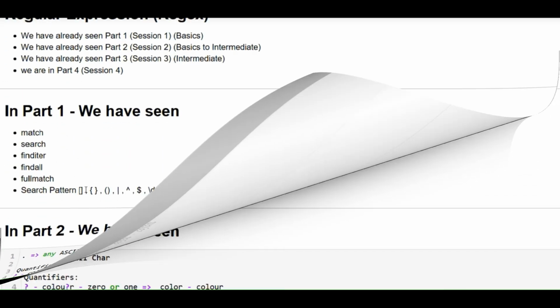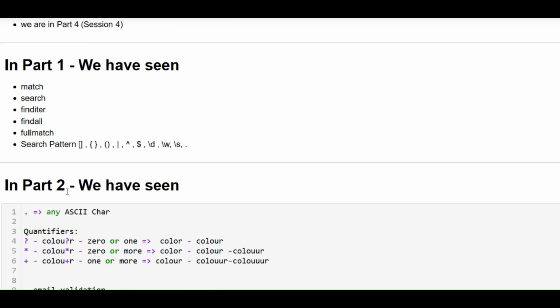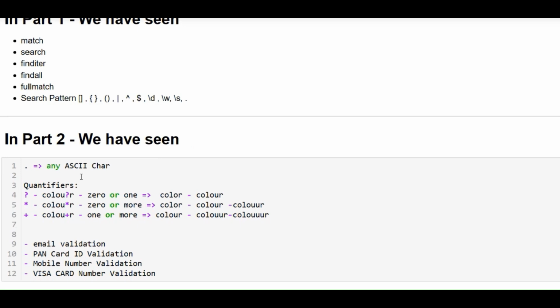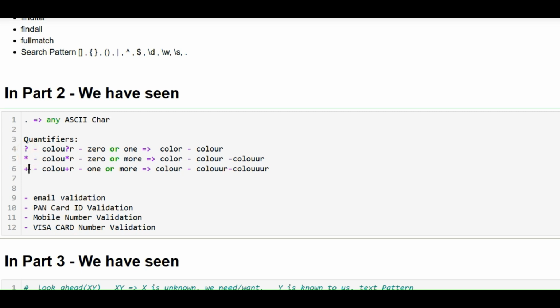In part 1, we have already seen match, search, finditer, findall and fullmatch, and some of the search patterns, that is square bracket, curly braces, parenthesis, bar, caret, dollar symbol, \d, \w, \s, and dot. In part 2, we saw dot means any ASCII character, and we also saw the quantifiers: question mark, star and plus.